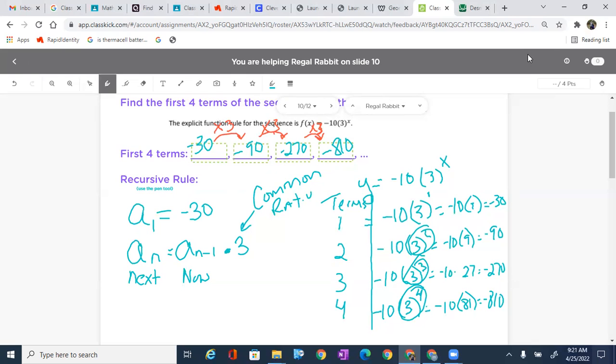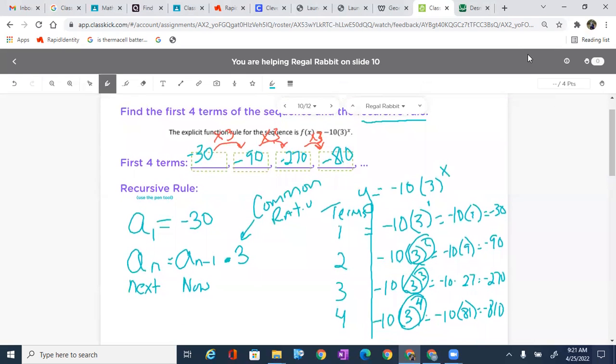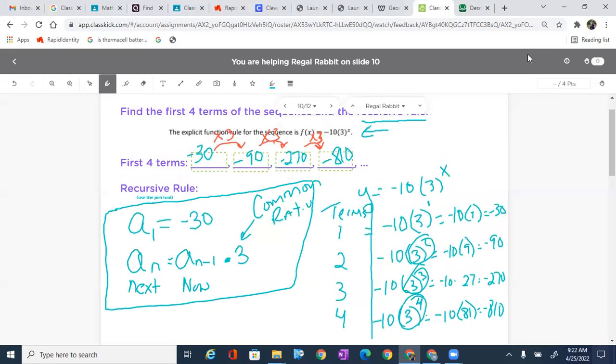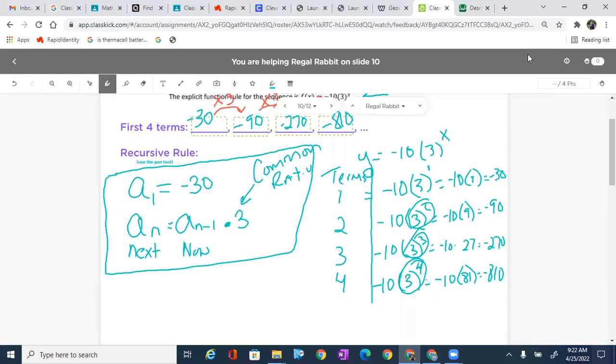So we're saying a sub 1 equals negative 30, a sub n equals a sub n minus 1 times 3. Now, there is another way we could do this. This is one recursive rule that we could write, but I'm going to look at the exponential equation that we have written here, because some people may be saying, wait a second, do we have to write it from the first term? Guess what? We actually were given a sub 0.